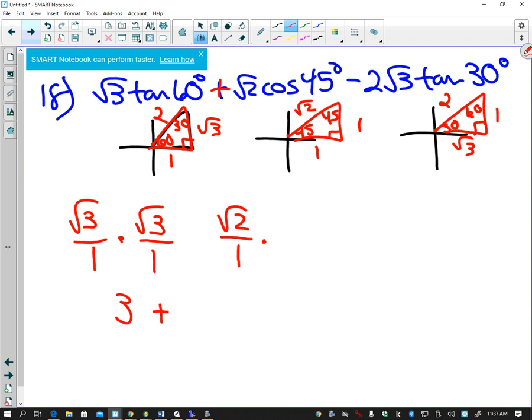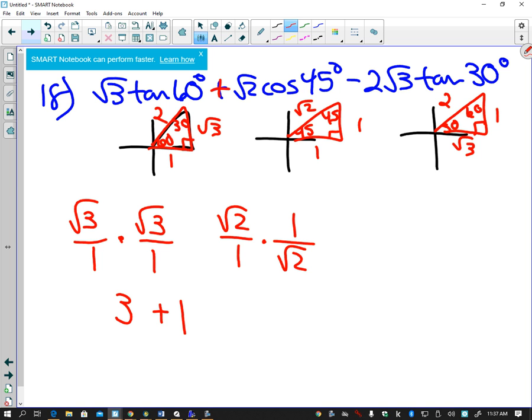What's adjacent to the 45-degree reference angle? 1. What's hypotenuse? Radical 2. So I get radical 2 times 1 over 1 times radical 2, or radical 2 over radical 2, which is, what's anything over itself? 1. So right now I have 3 plus 1.